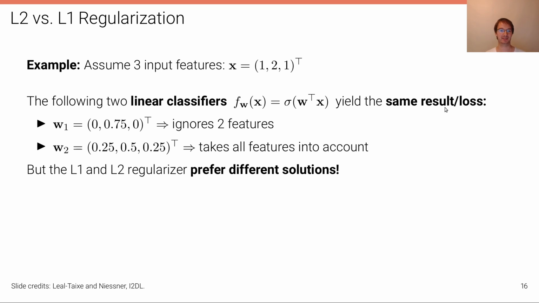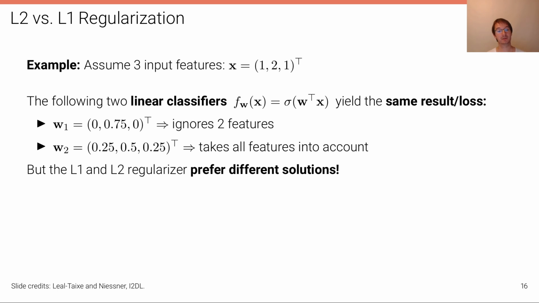They yield exactly the same result. Right? So 0 times 1 is 0, 0.75 times 2 is 1.5, and 0, so we get 1.5. And similarly, we get 1.5 when we multiply this vector with x. So the result is the same.